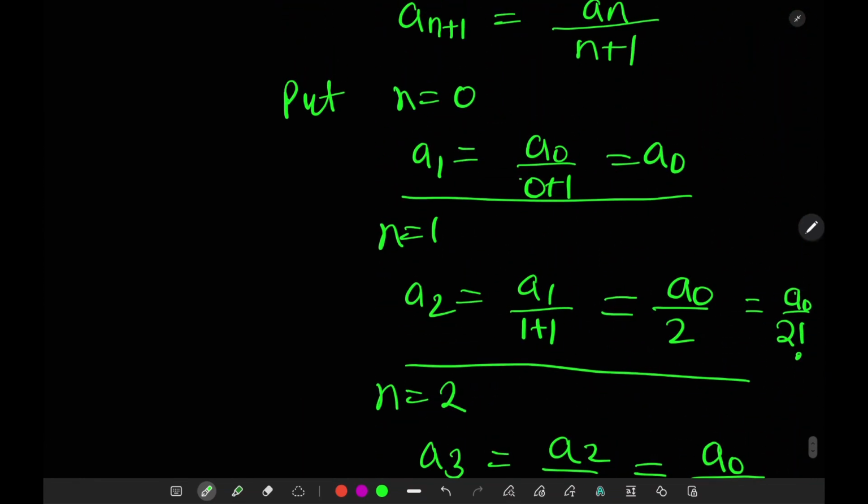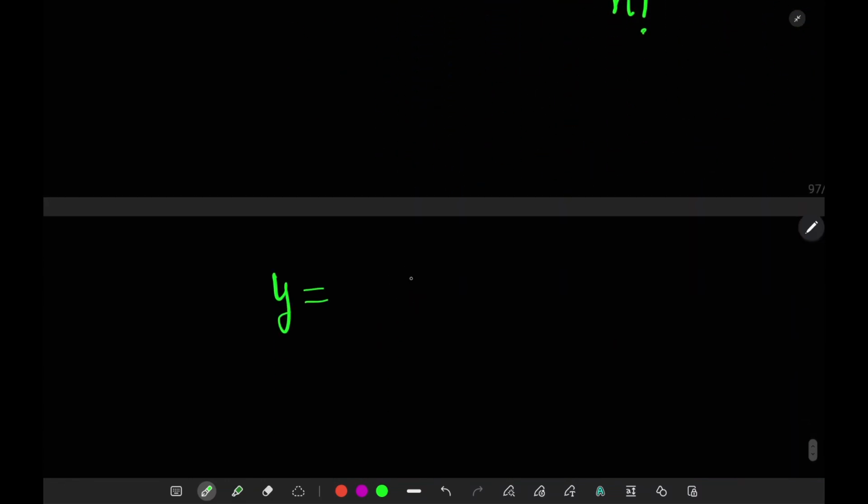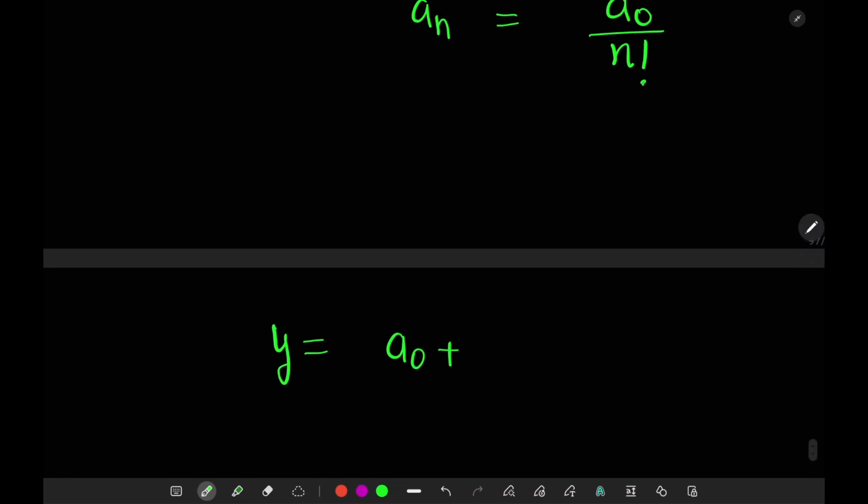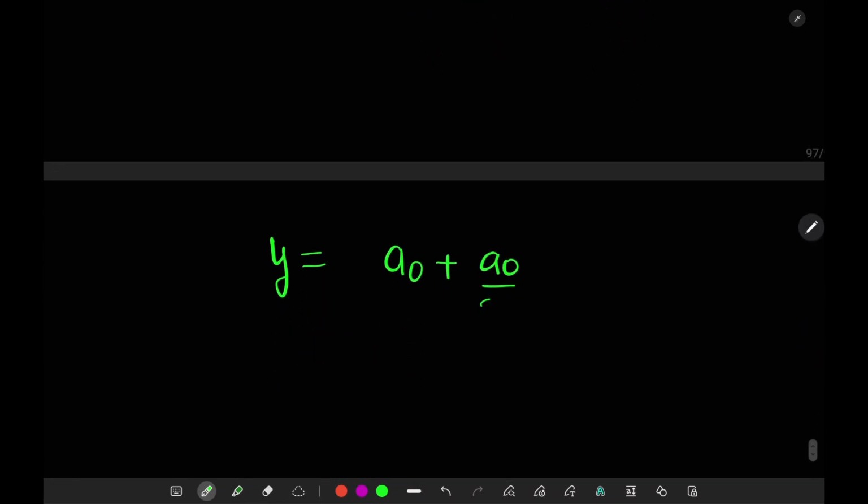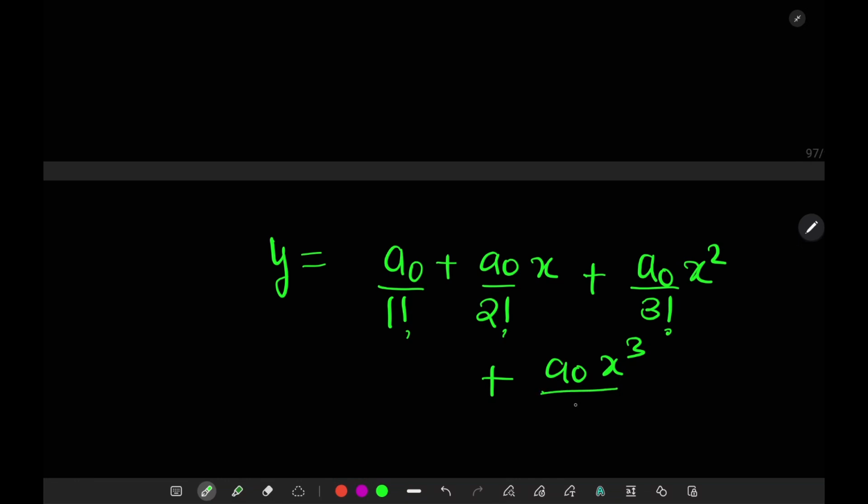Now put this value in y, so we can write a0 plus a0 by factorial 2 into x plus a0 by factorial 3 x square plus a0 x raised to power 3 divided by factorial 4, up to a0 x raised to power n divided by factorial n.